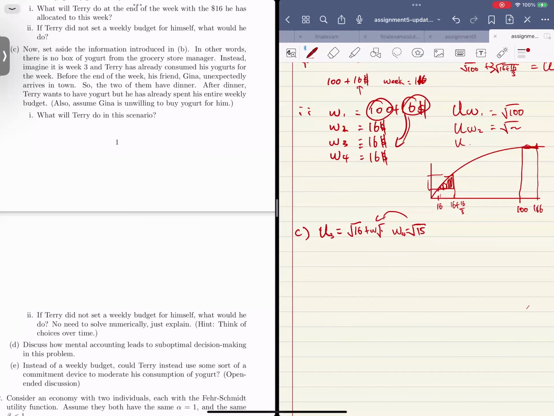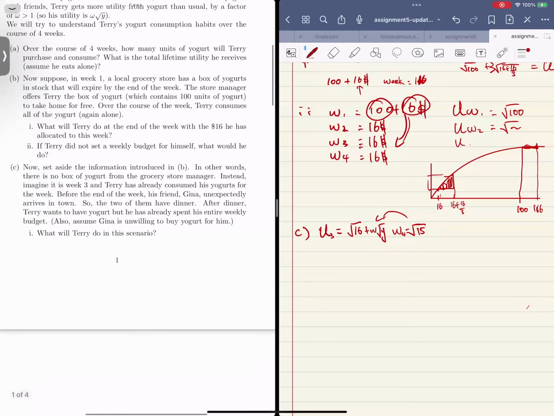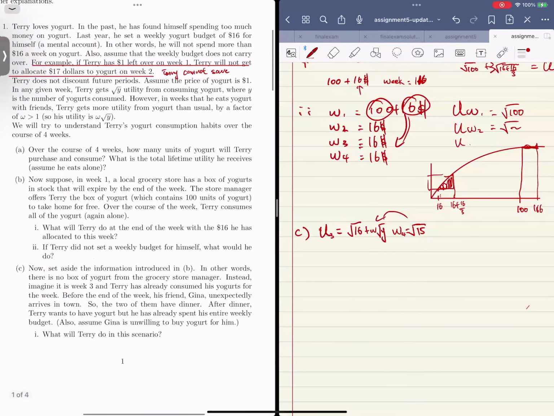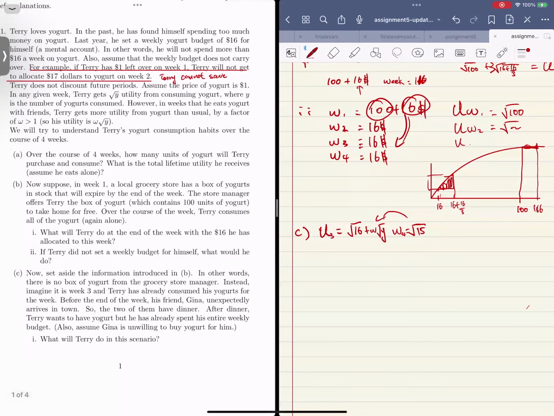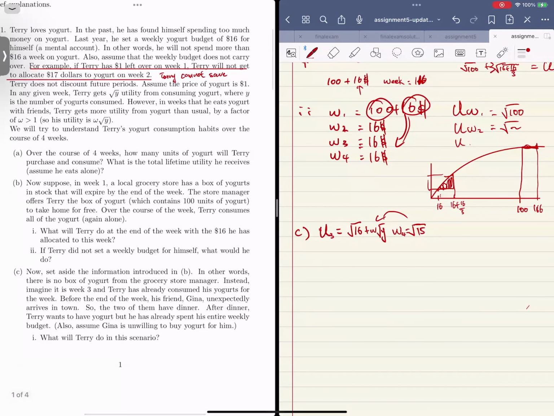It says square root of Y. I'm a little bit sketchy on this. Why is it square root of y? So your utility is W units of square root of y, and then W is a scalar.